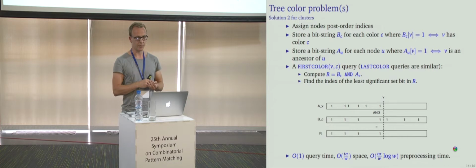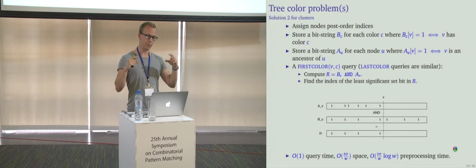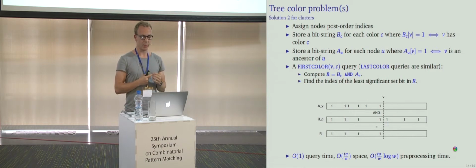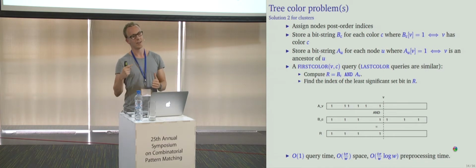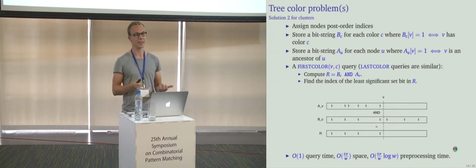And if you want to find the first colored ancestor, we use these two bit strings for the specific node and AND them, and then we get a bit string telling us which of the ancestors have the color that we're looking for, and all we need to do now is to find the index of the least significant set bit in that resulting bit string.